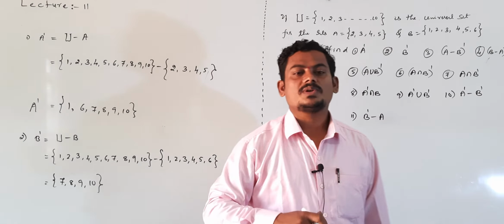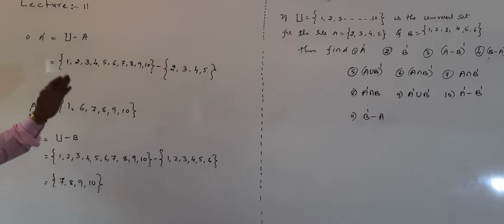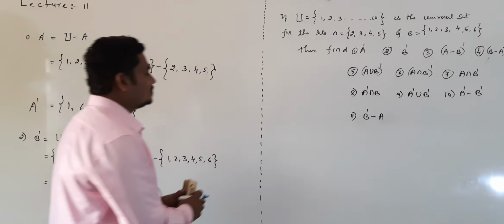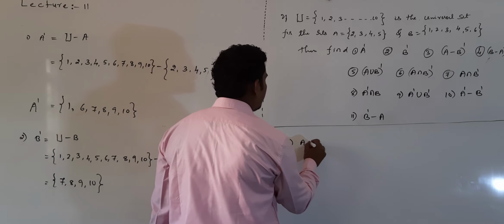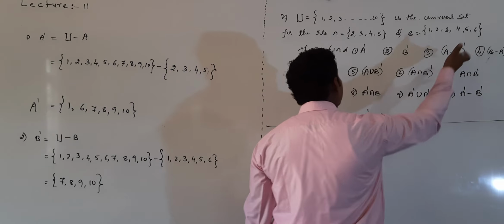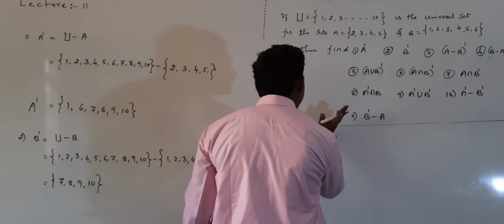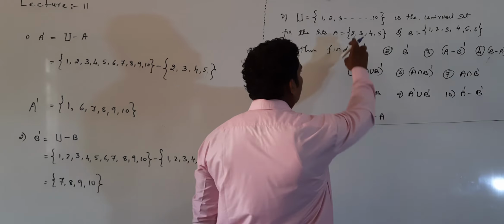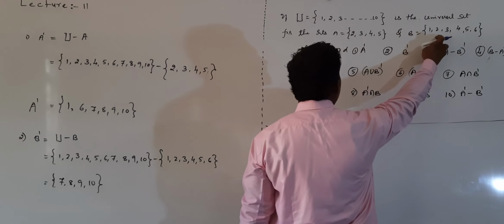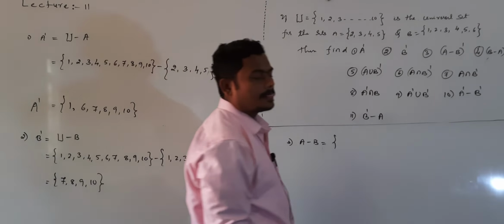For finding A minus B whole complement, we need A minus B. First write A minus B. What is A minus B? 2 is there in both the sets. 2 get cancelled, 3 get cancelled, 4 get cancelled, 5 get cancelled.